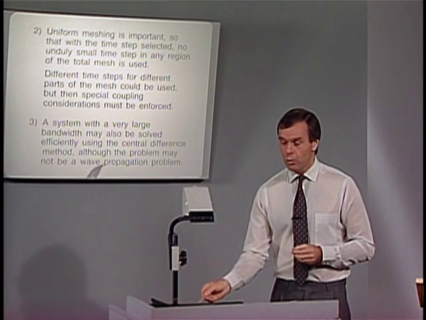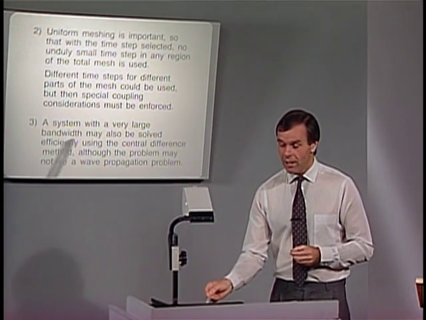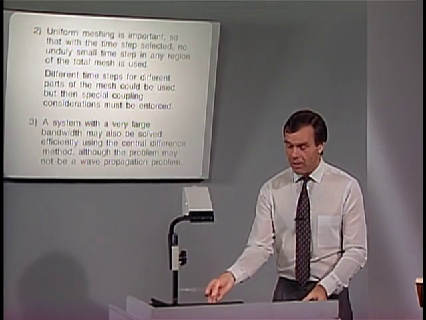It's not being used because the K matrix is not being set up, and you have no LDL transpose factorization of the coefficient matrix. Therefore this high cost that lies in the factorization of the coefficient matrix is not expended in the explicit time integration, and for that reason it can be effective to use explicit time integration when there would be such a large bandwidth.